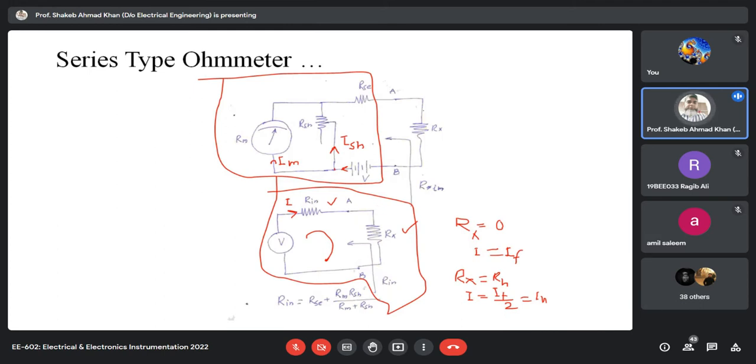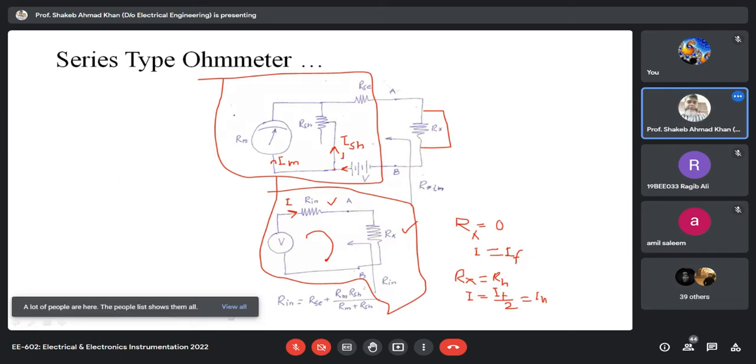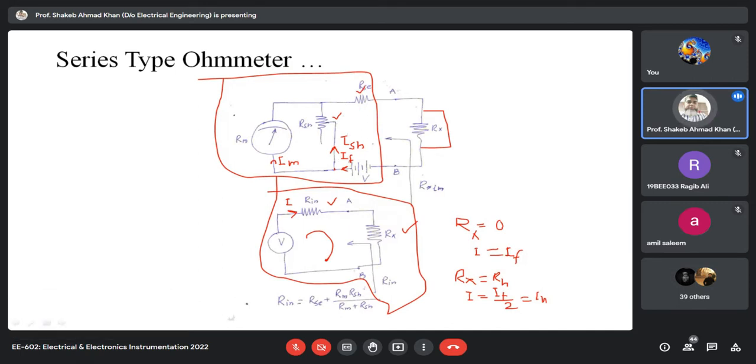This is your maximum current condition. So obviously maximum current will be drawn from the battery, and we want to design our shunt and series resistance in such a way that under this condition, when maximum current is drawn from the battery, the maximum allowable current through the meter, that is the full scale deflection current, flows through the meter, and the remaining current should flow through the shunt.